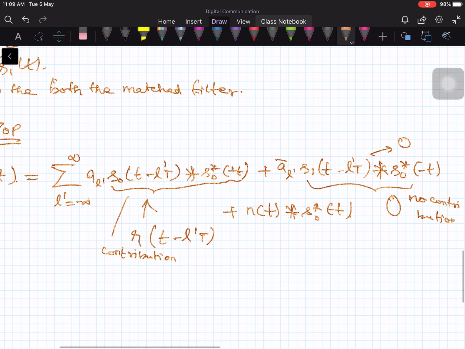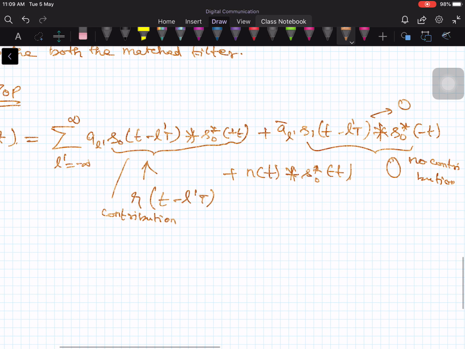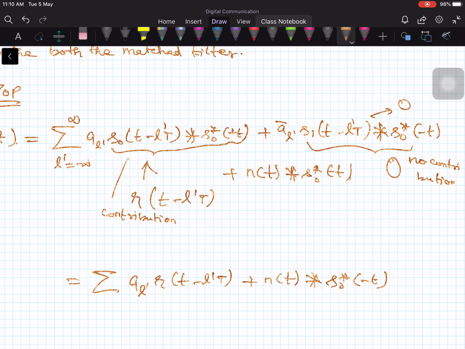Now finally what you will get is the sum over L prime of AL prime R of t minus L prime T, plus n of t convolved with S0 conjugate of minus t. This is what you will get.